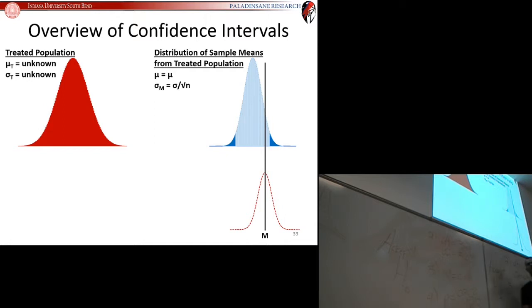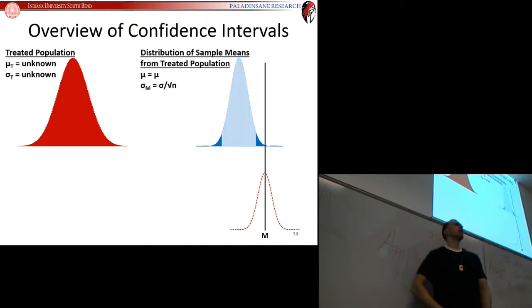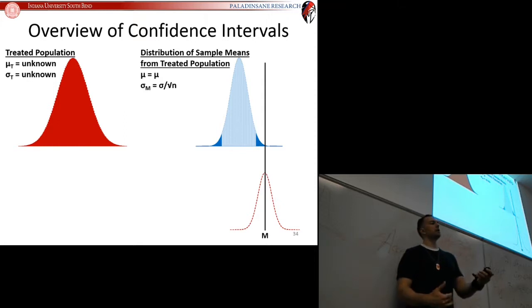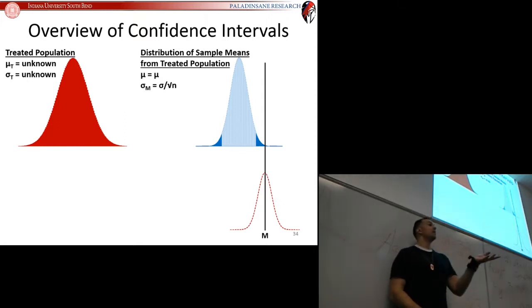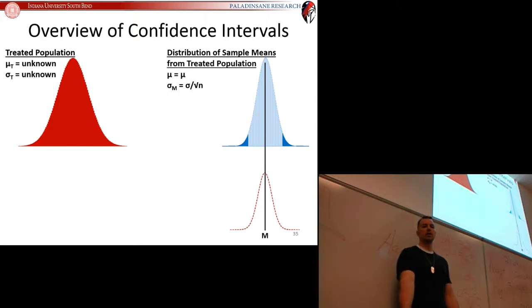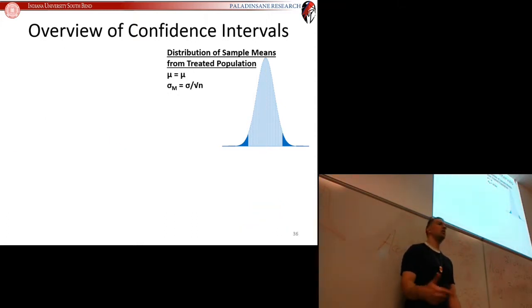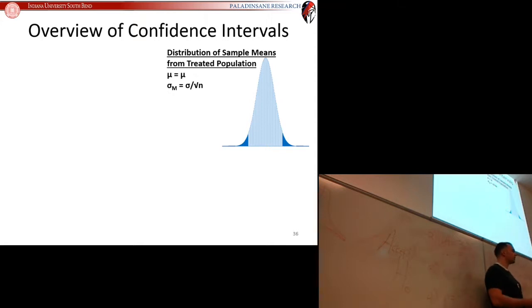We don't know where in our distribution of sample means our sample came from. That's why we cannot be 100% confident that we've estimated our population mean correctly. But we can use this distribution of sample means to calculate that interval. And that's the important part of confidence intervals.